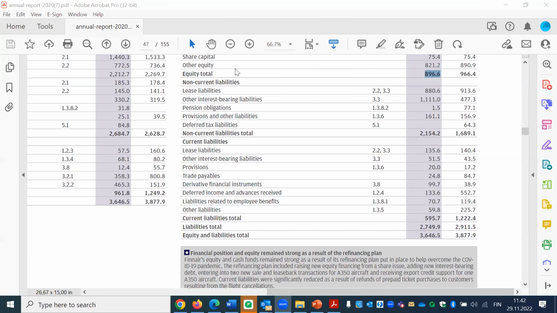So when I see Finnair's debt, the long-term debt comes out to 1991. And the company's equity is 886.